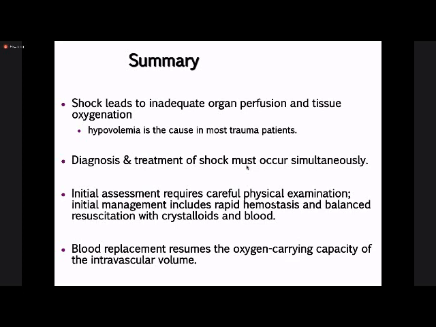Remember, early blood is one of the most important things. At the same time, the other new concept you need to remember is balanced resuscitation. Never try to achieve a blood pressure of 140 or 120 in these patients. That should not be the target. That will increase the risk of the patient bleeding further. Our target should be 90 or 100 systolic blood pressure, or what you call balanced resuscitation. Those are the two most important things in relation to circulation you need to learn. One is balanced resuscitation. The second is early use of blood.